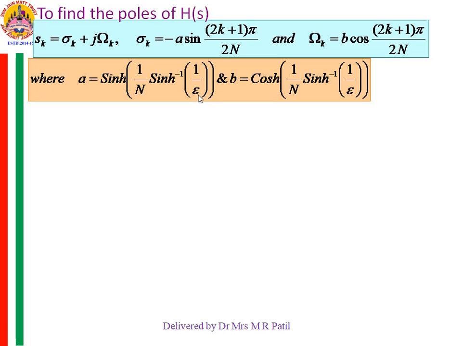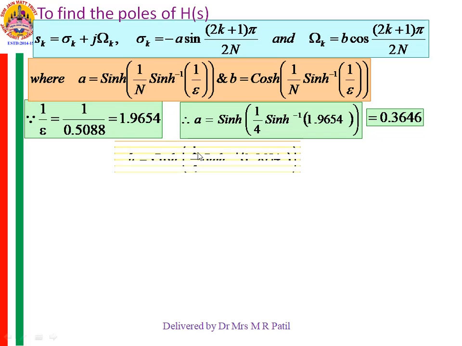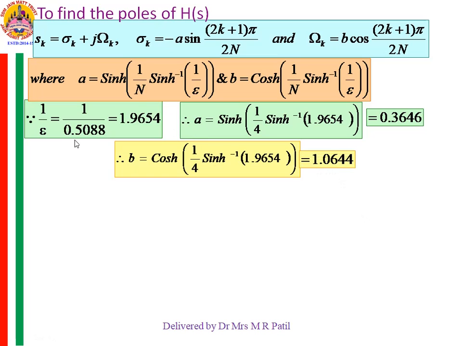So compute 1 by epsilon. Your epsilon is the same, so the same pole location idea, but the order is different here, so your a and b will be different. Epsilon is same, whereas a will be sinh of 1 by 3 sinh inverse of 1.9654. Compute a. Compute b as cosh of 1 by 3 sinh inverse of 1.9654.